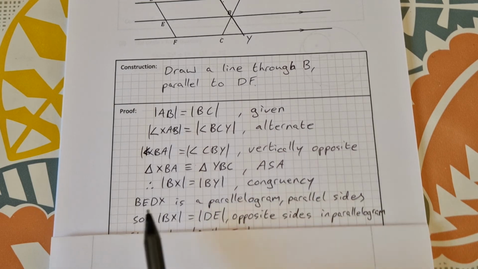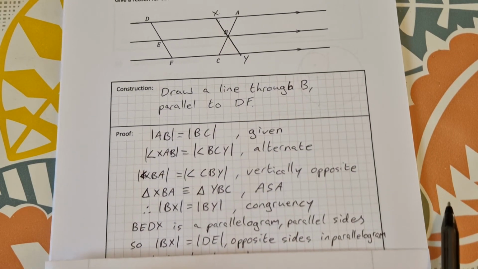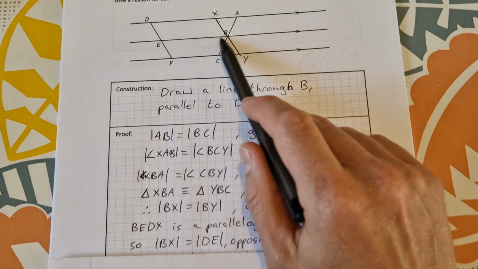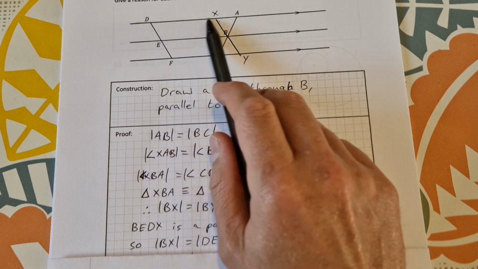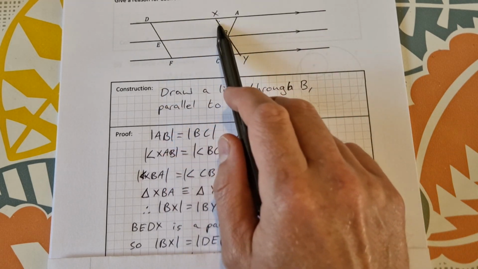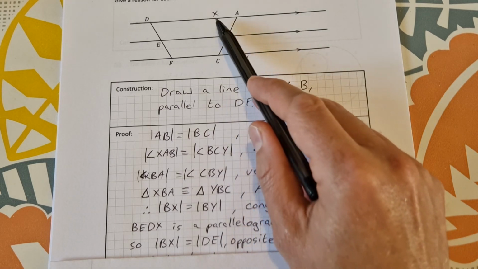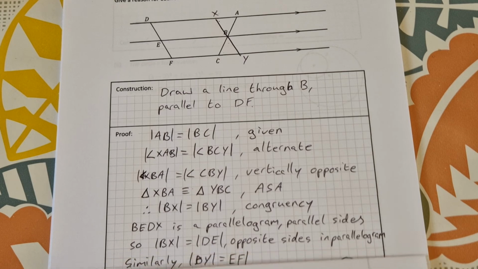Next we can say that BEDX is a parallelogram. So BEDX, just if we can see it here, this is a parallelogram because it has parallel sides. So parallel sides and parallel sides. So the length BX is equal to the length DE, because they're opposite sides in a parallelogram.